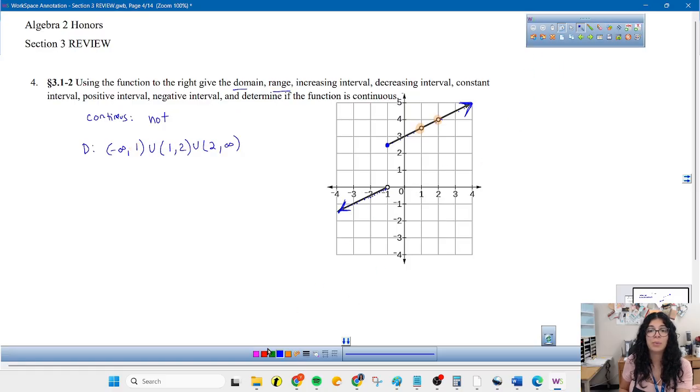Next, let's go ahead and do the range. So for the range, we want to look at the y values, okay? Now, looking at the points, the y value of the points, all these points here at the bottom have y values all the way from, the bottom is going to be, if I continue the graph, there's going to be a bunch of points there, negative infinity till the y value of 0.